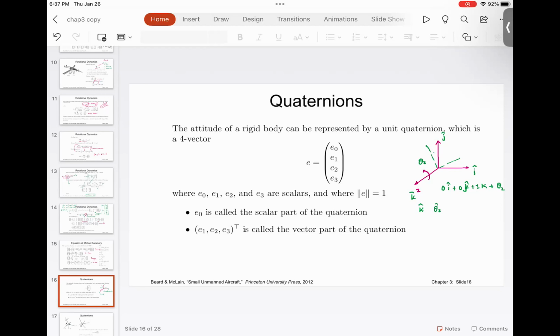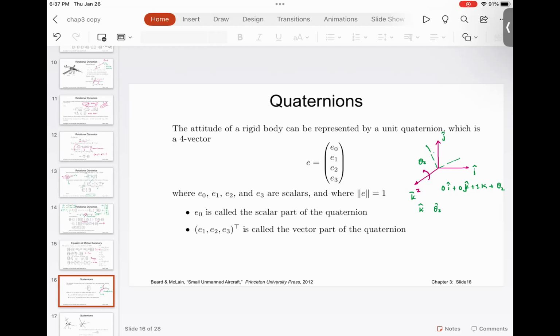Similarly, you have a quaternion E0, E1, E2, and E3 at every time step. Before you do anything, this quaternion must be normalized. So you divide everything by the square root of E0 squared plus E1 squared plus E2 squared plus E3 squared.